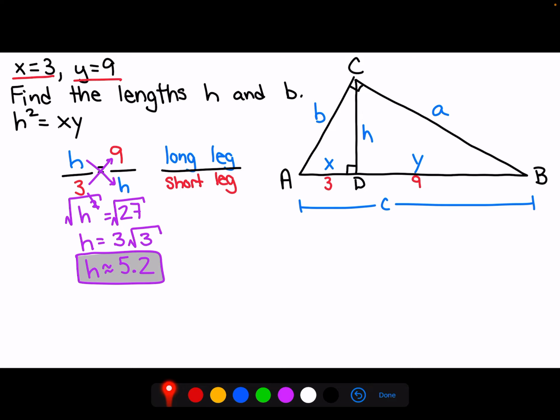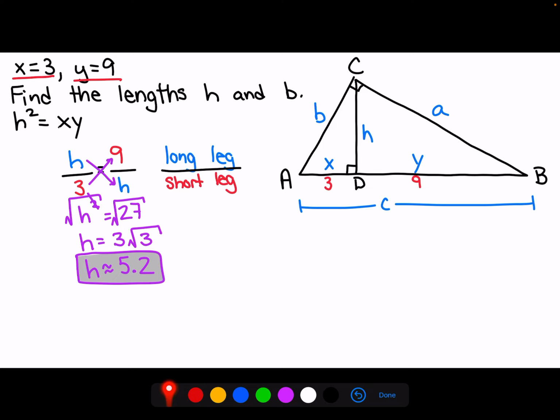As for finding b, we're going to do the same type of process. We first think, which triangles is b on? Well, b is on our small triangle as the hypotenuse, and b is on our large triangle as the short leg. So we're going to use our small triangle and our large triangle, and we're going to be using the ratio of short leg over hypotenuse.